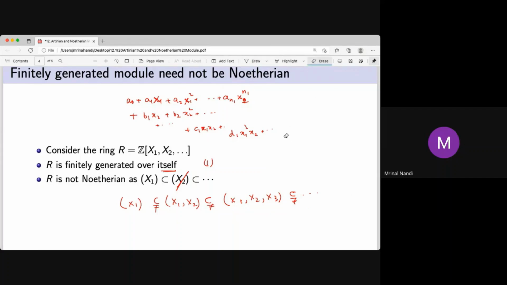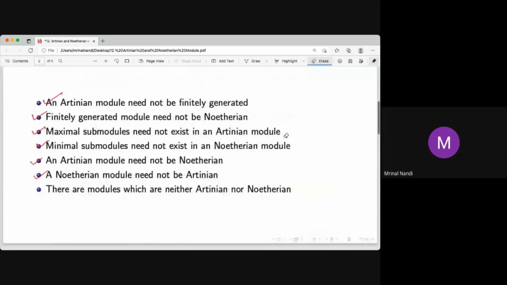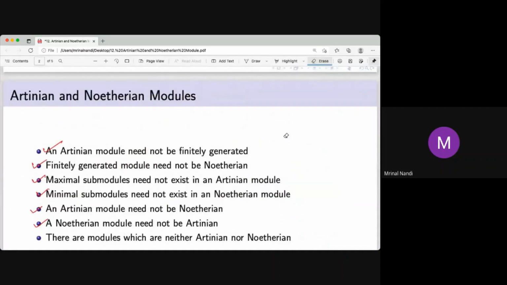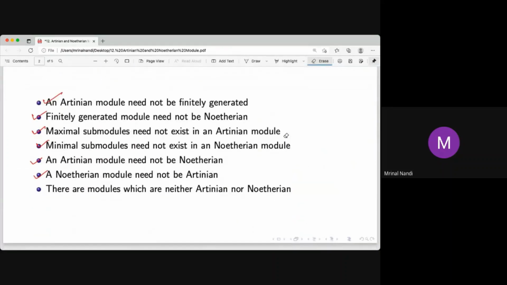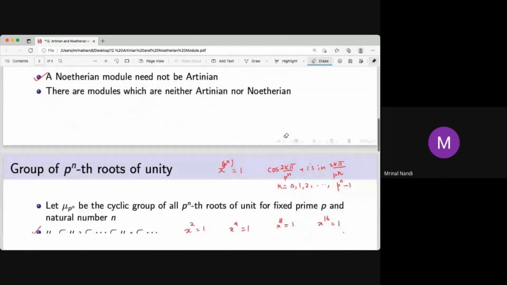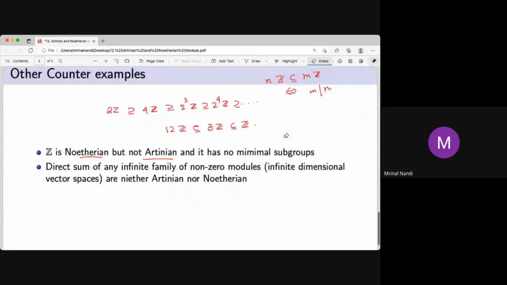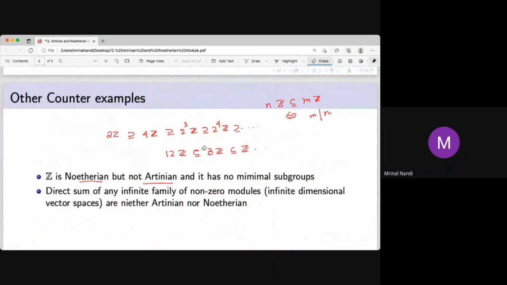So we have this example showing that a finitely generated module may not be Noetherian. Next we show the case for Z: Z is Noetherian but not Artinian, and it has no minimal submodule. Why? In Z we can have a descending chain which is not stationary.